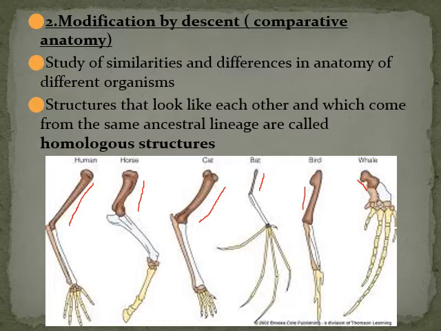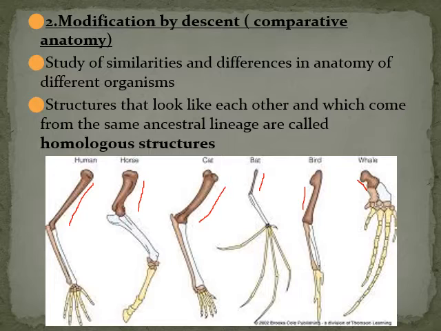You'll notice, however, that the shape, the size, and even the thickness has changed, and that's an example of modification. The origin of this bone would mean that our mammalian ancestor would have had a humerus bone. However, the humerus has evolved and modified depending on that organism's way of life.